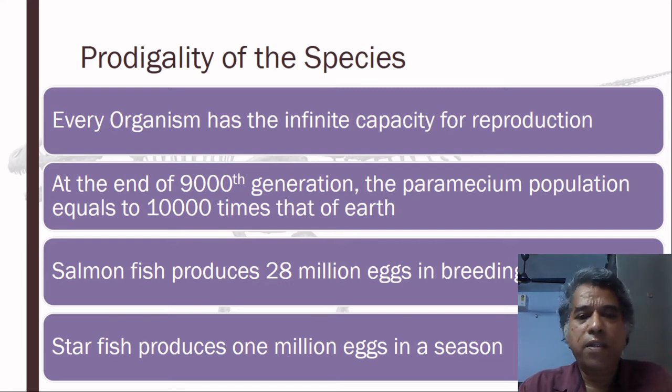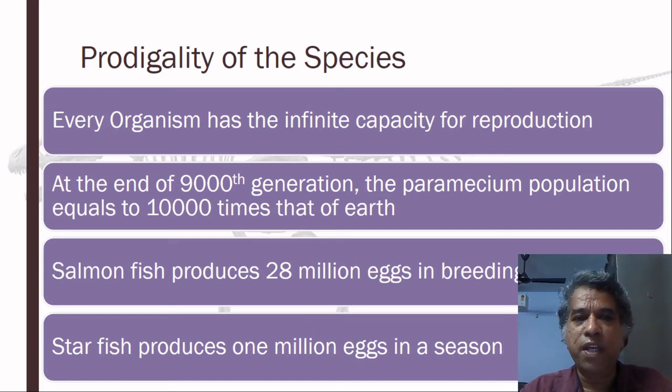Paramecium divides by binary fission, and if all the daughter paramecia that are derived from a single parent survive up to 9,000 generations, the weight of the paramecia will be 10,000 times more than the weight of the earth.